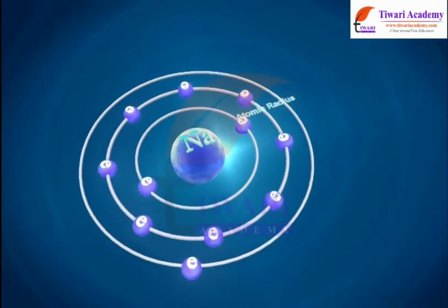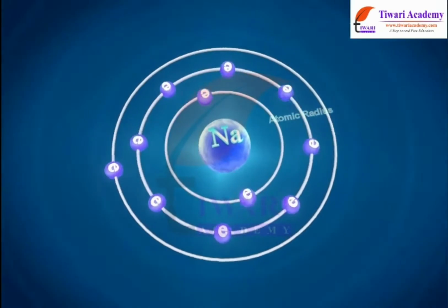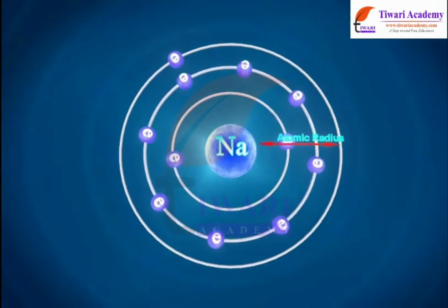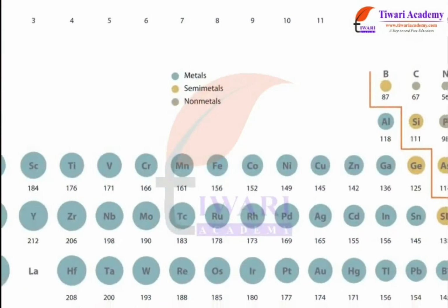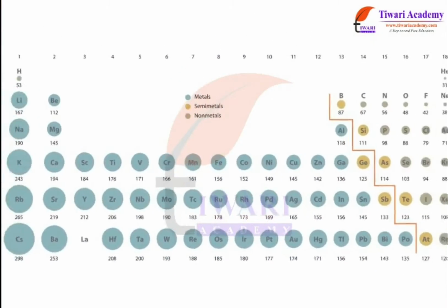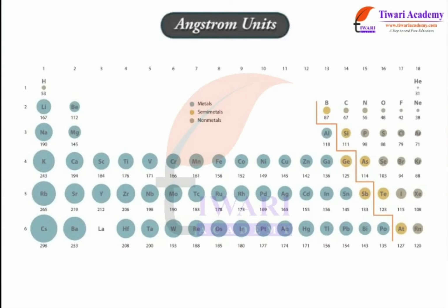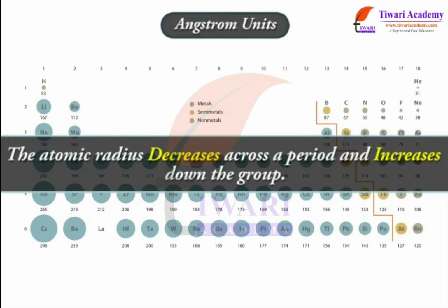Atomic radius is the distance from the center of the nucleus to the valence electron in an energy level. Atomic radius is expressed in angstrom units. The atomic radius decreases across a period and increases down the group.